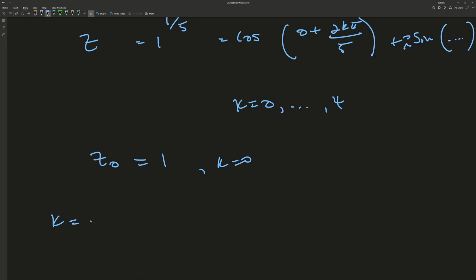Now here's where we get interesting. When k is equal to 1, what is z1? It is the cos of 2 pi upon 5 plus nothing, plus i sine of this. So we'll get cos 2 pi upon 5 plus i sine 2 pi upon 5.